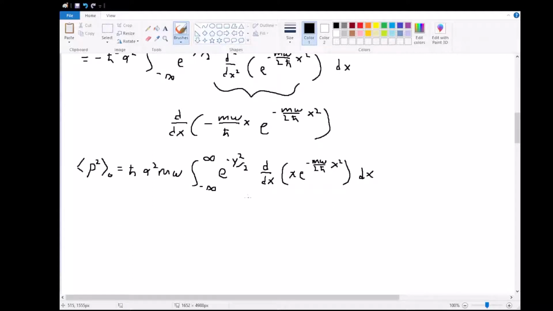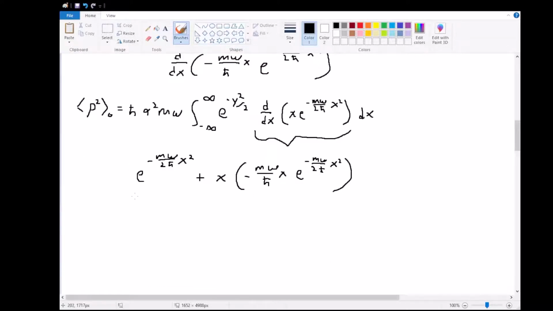Now let's differentiate a second time to get the answer for this. So we use integration by parts here. So this becomes e to the negative m omega over 2h bar times x squared plus x times negative m omega over h bar times x times e to the negative m omega over 2h bar x squared.